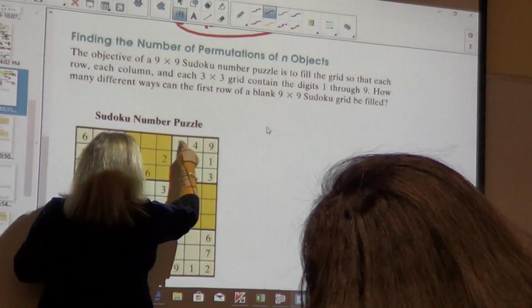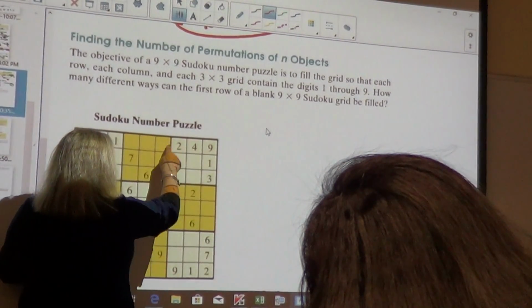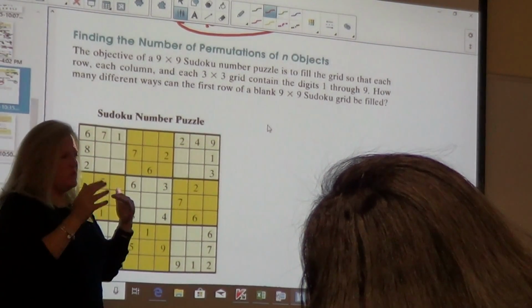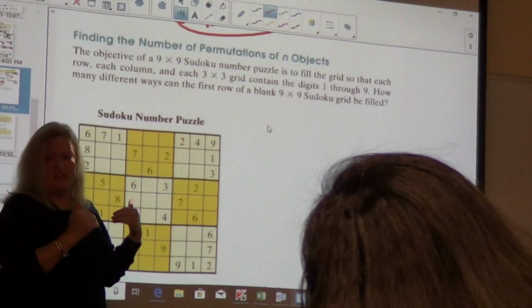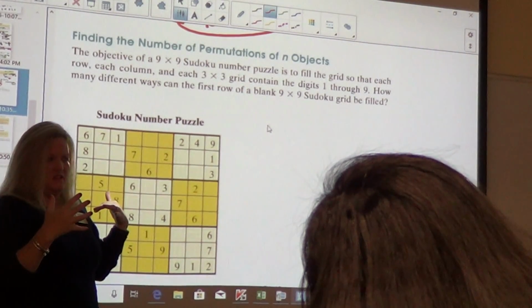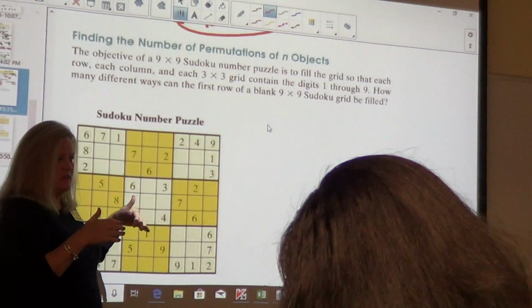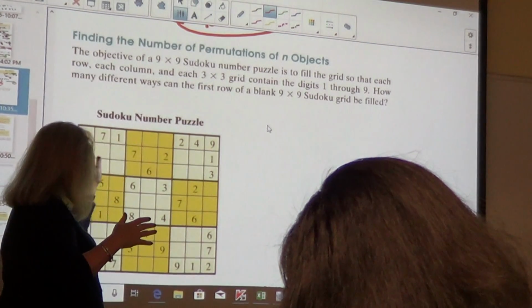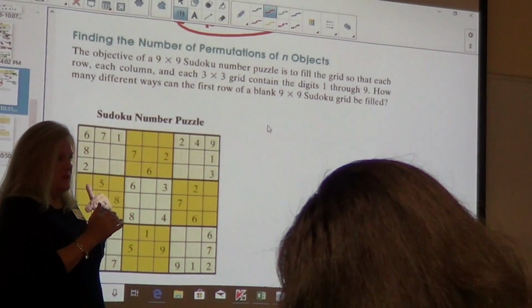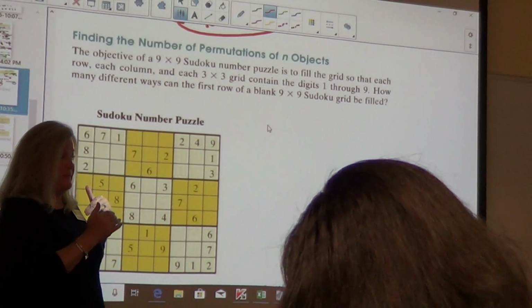Then across here has to be 1 through 9, and down here has to be 1 through 9. There are all these 1 through 9 things. And there are other rules too, aren't there? Does anybody in here play? I heard somebody say you couldn't erase after you put the number in.